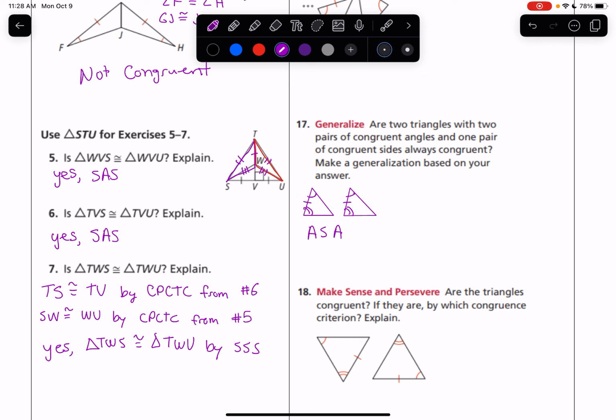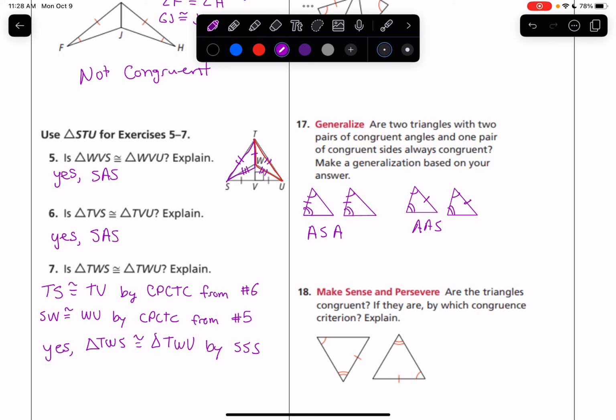But also, there is the possibility that we draw these same two triangles, and the congruencies that we have are the angles outside, or the sides outside of the congruent angles. So those angles are the same, but a side outside of those congruent angles is congruent. That would be angle, angle, side congruence.